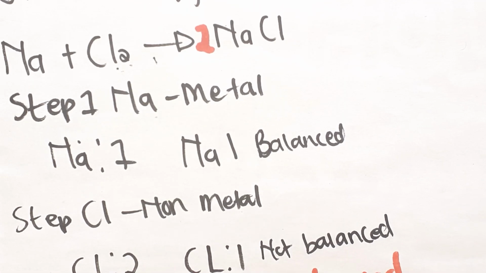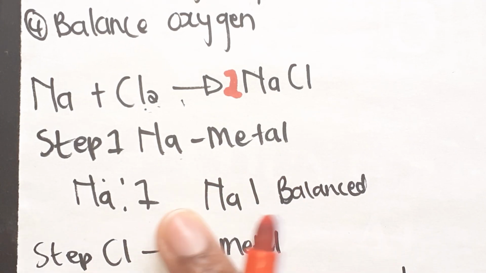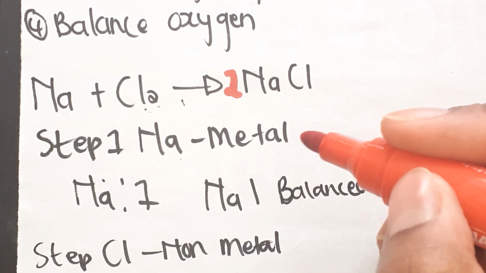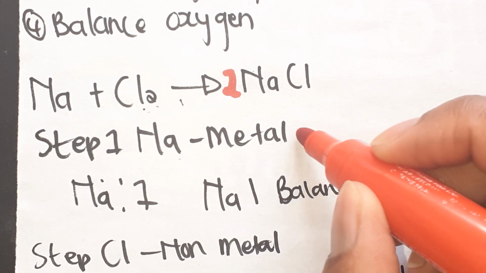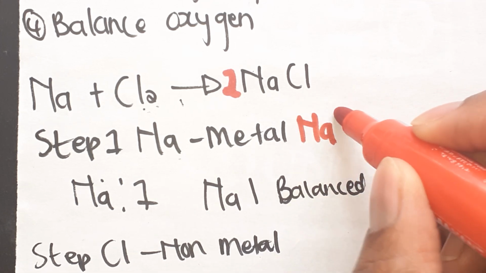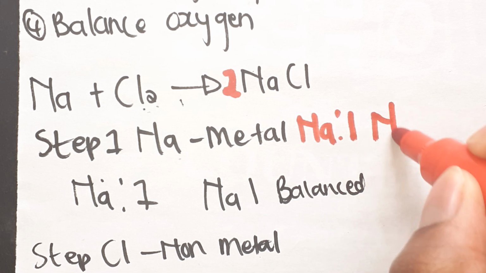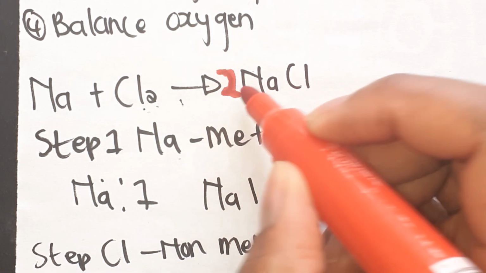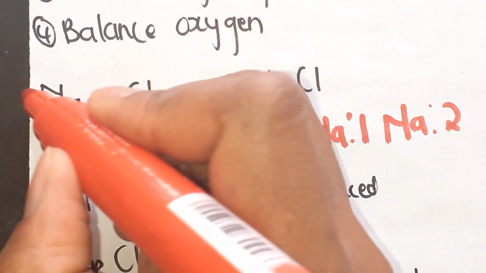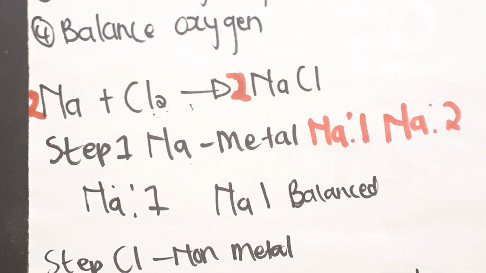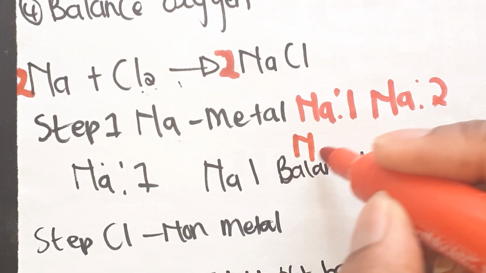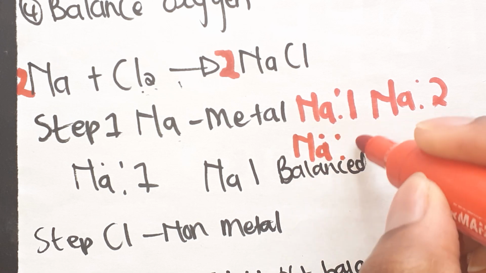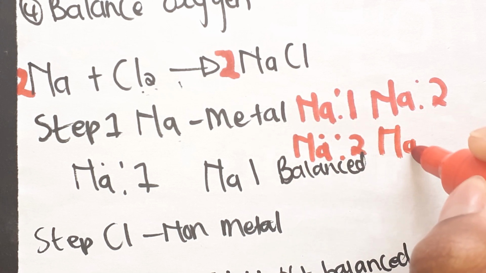And then we go back to Na. The Na does not balance anymore because the Na this side is 1 and the Na this side is 2 because of this 2 that was added. So we will add 2 again this side, and the Na will be 2 and the Na will be 2.